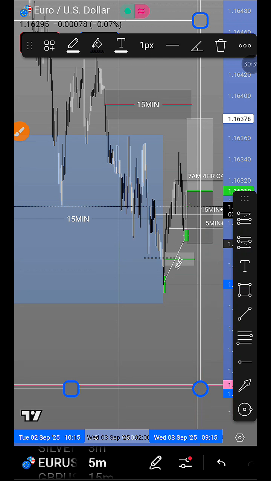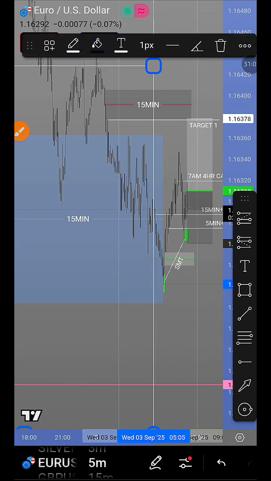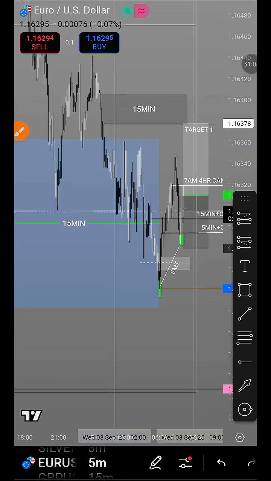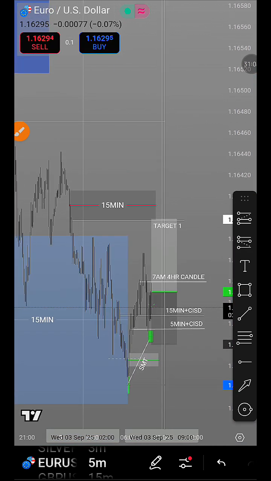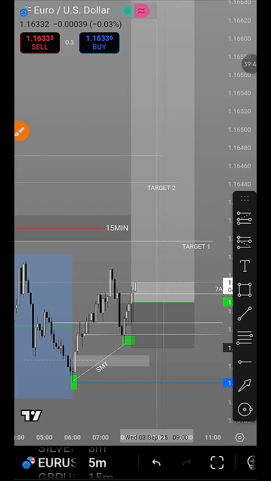So this would be target 1, and then target 2, I'm gonna be honest, target 2 can be the swing that created that bearish 15-minute FEG.